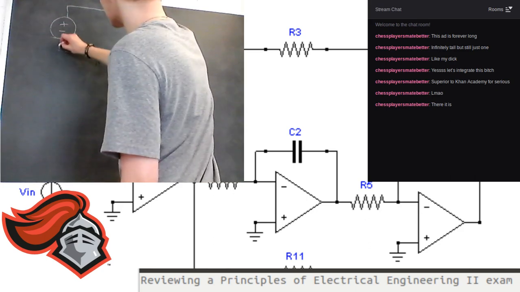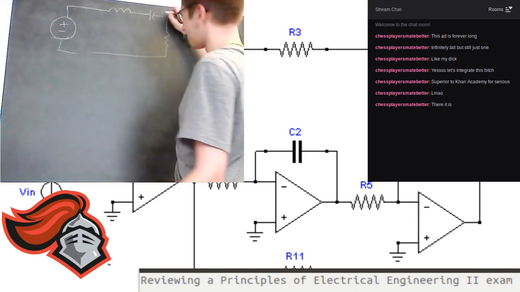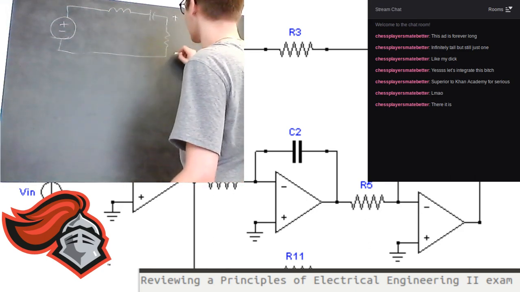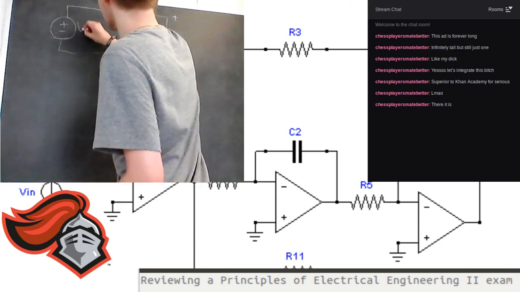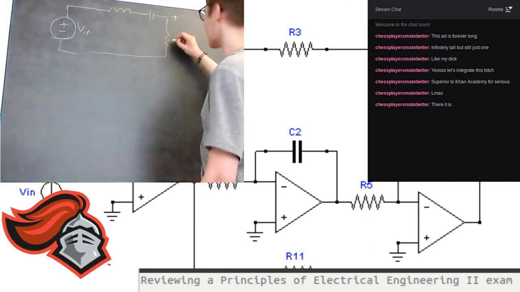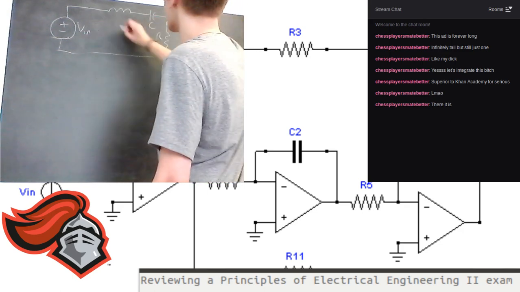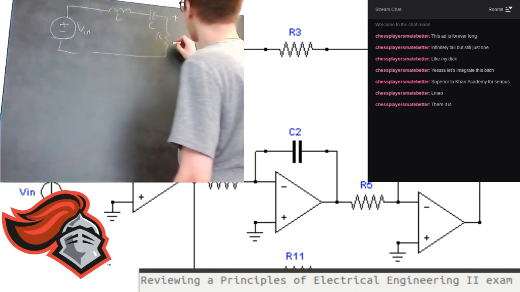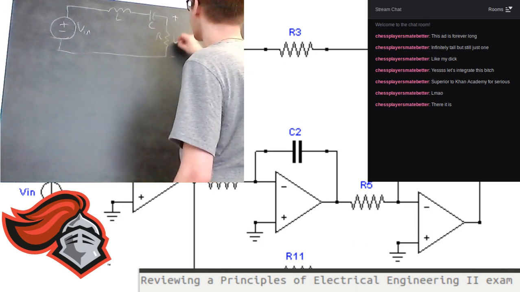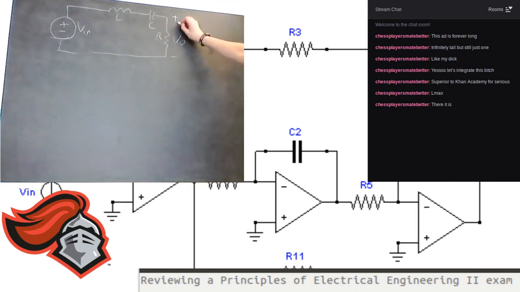And then here is your Vin, your input function. Here's R, C, L. And then V out was the voltage across this resistor.